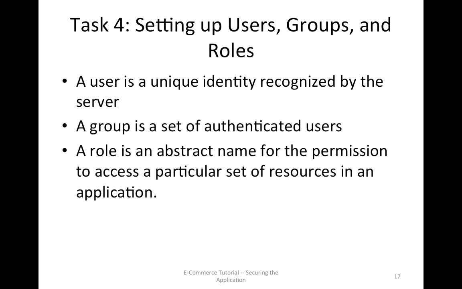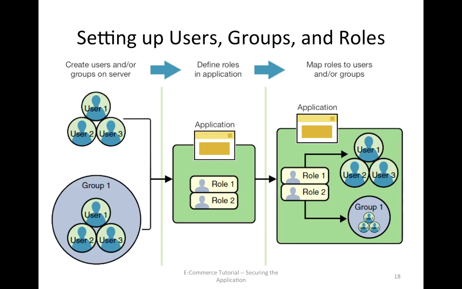The relationship between users, groups, and roles, and the process in which you establish them in the application and on the server is presented in the following diagram. So we first create users and or groups on the server. Then we define roles in the application. Then we map roles to the users and the groups.